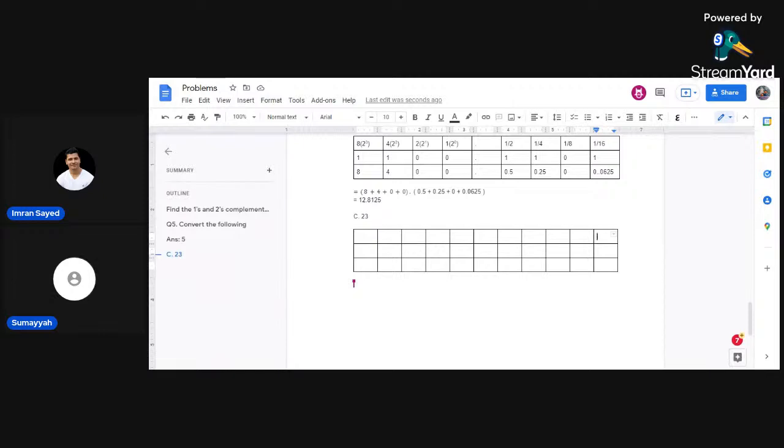So here, one second, I'm checking my notes. Is this the same notes you shared on the Google Drive link? No, I have done these in my notebook. Okay.